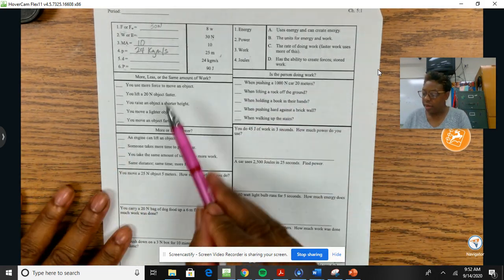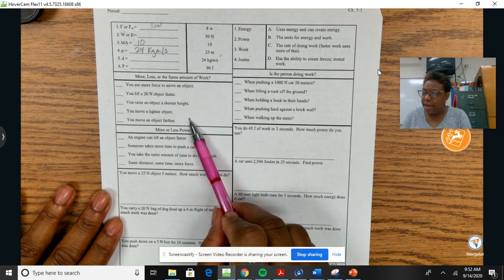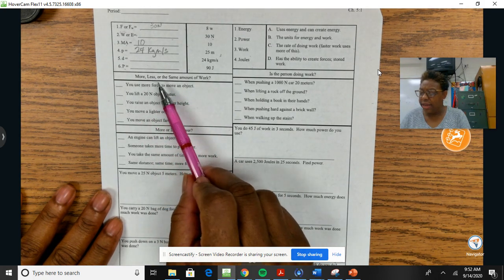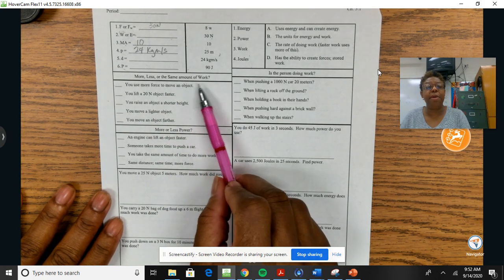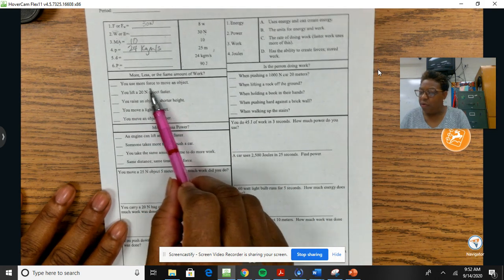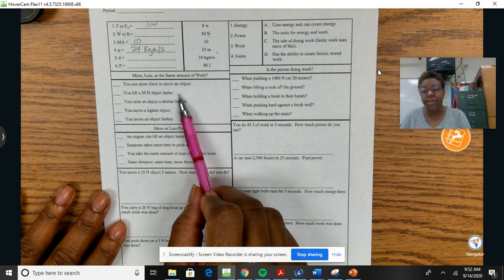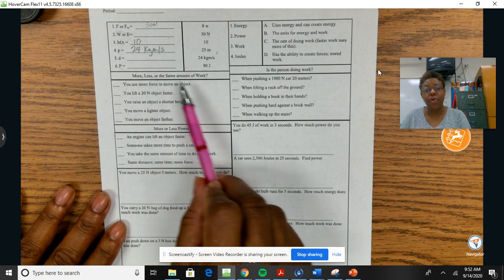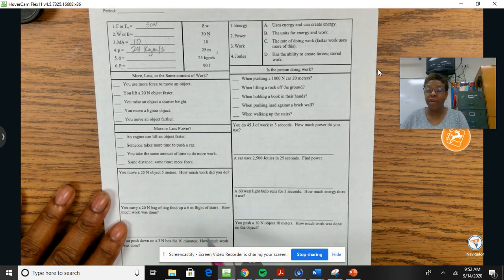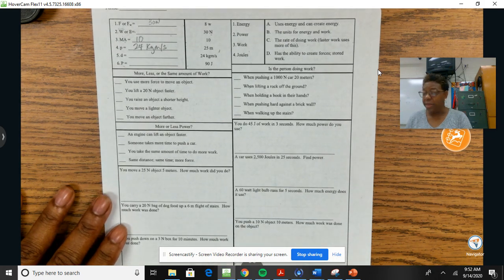Okay. In this block, you're going to indicate whether more work is done, less work is done, or the same amount of work. So you use more force to move an object. If you use more force to move an object, did you do more work, less work, or the same amount of work? And you can refer to the front of this page to help you with that concept.